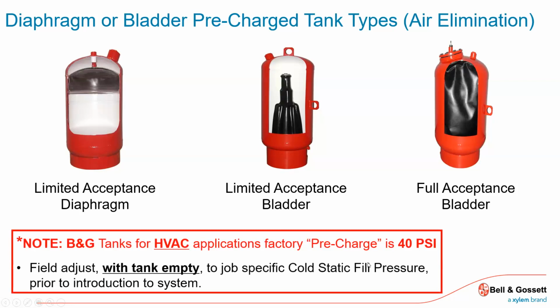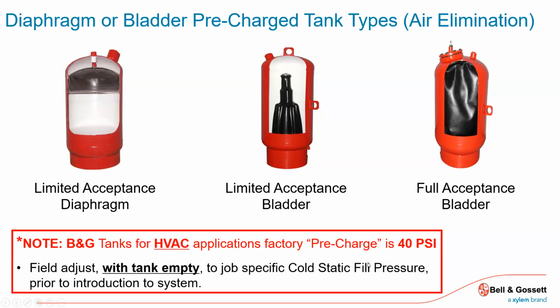Just a quick note on the B and G tanks, only because that's what we represent, Bell and Gossett. They're coming from the factory pre-charged now to 40 PSI. We want to be aware of that. We're going to have a deep conversation about that, just to be aware.